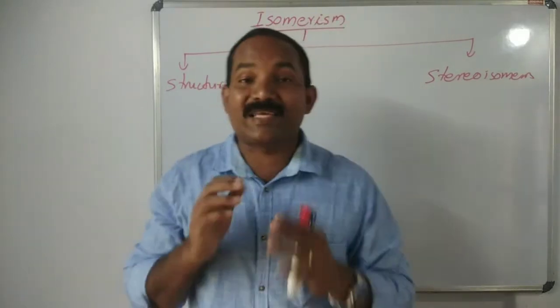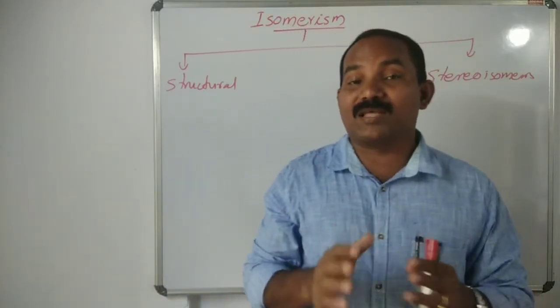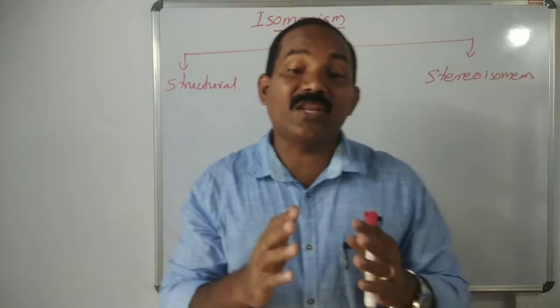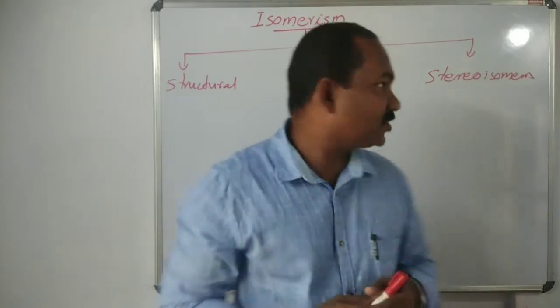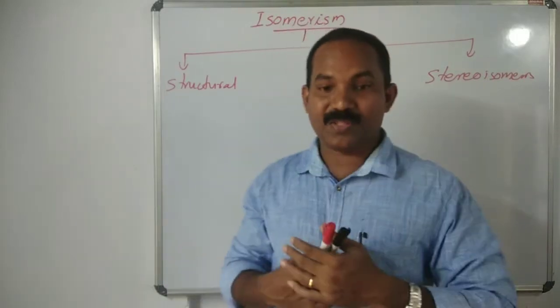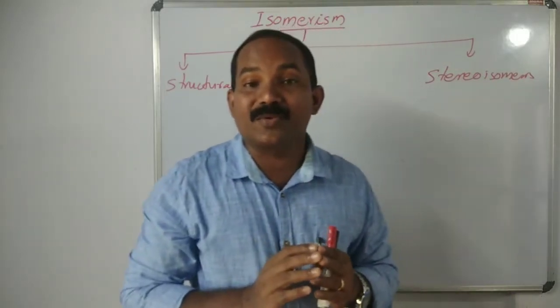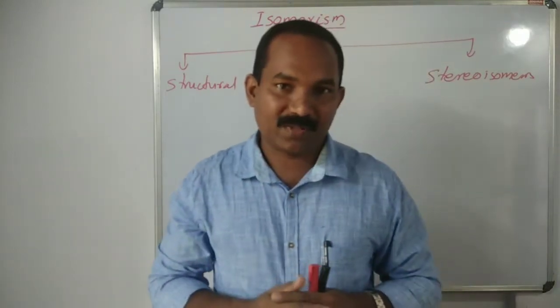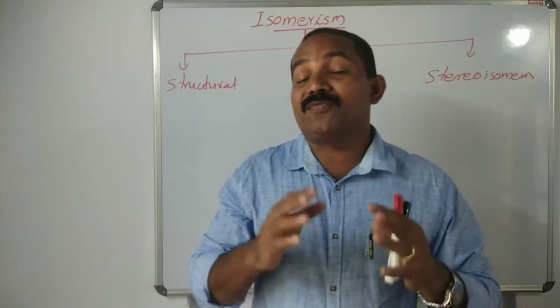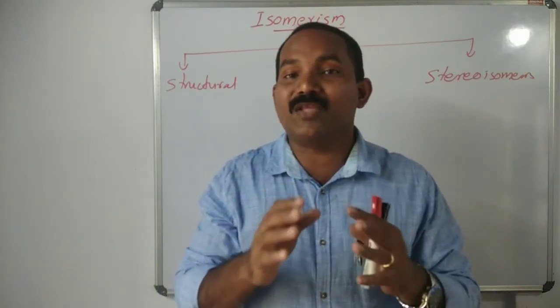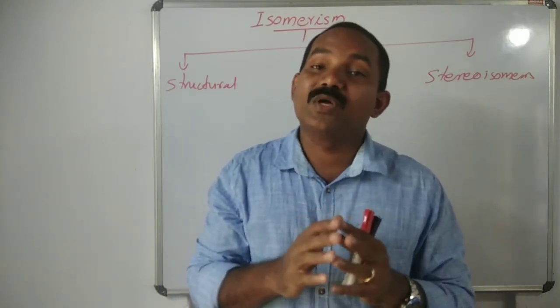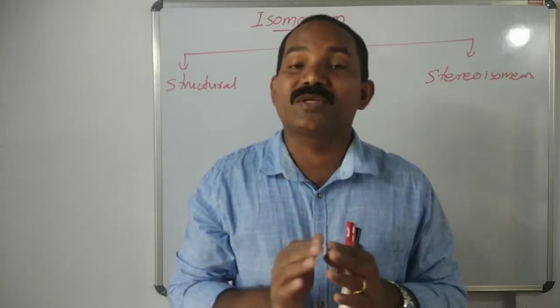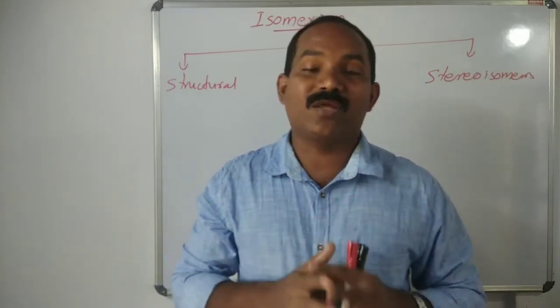The second main classification is stereoisomerism. In stereoisomerism, the compounds have the same molecular formula but different spatial arrangement of atoms or groups of atoms bonded in the molecule.